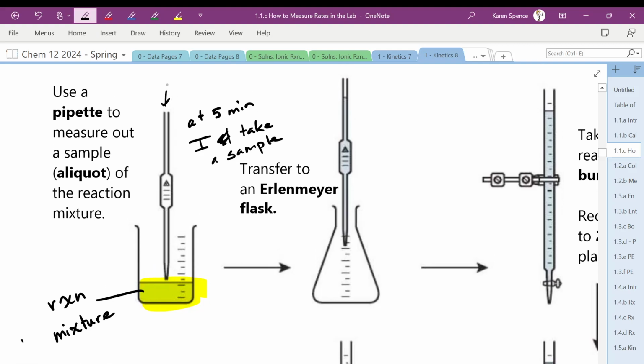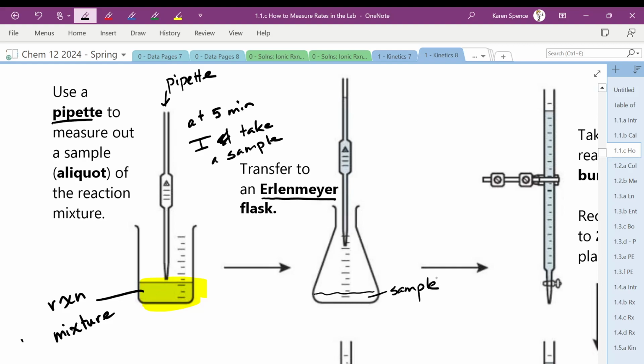That is a pipette. Fortunately, it's also labeled over there, okay? And I transfer it into what kind of flask? An Erlenmeyer flask. Okay, it's also known as a conical flask because it is kind of cone-shaped. Okay, an Erlenmeyer flask. So now I've got my sample in here.